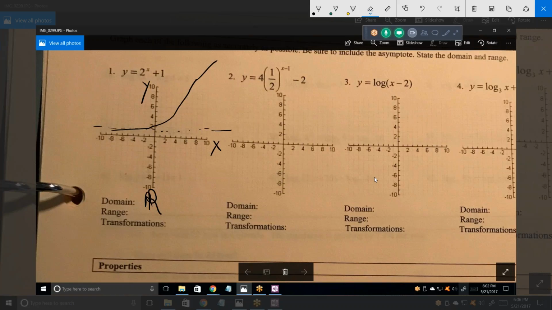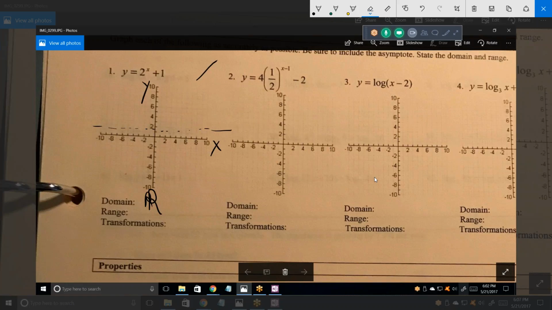What's the range? Y is an element of all real numbers. You see any negative y's? It could be negative, right? Well, do you see any negatives? Not on that, no. There aren't any.